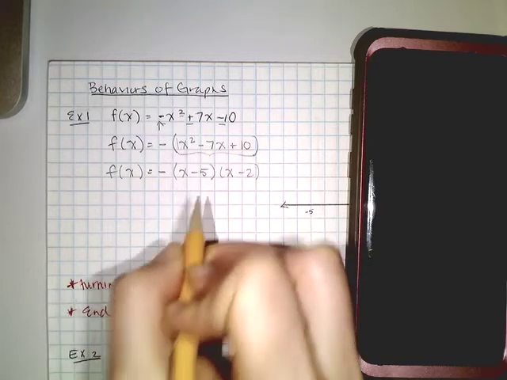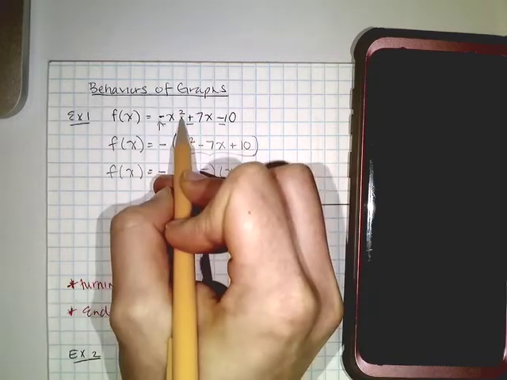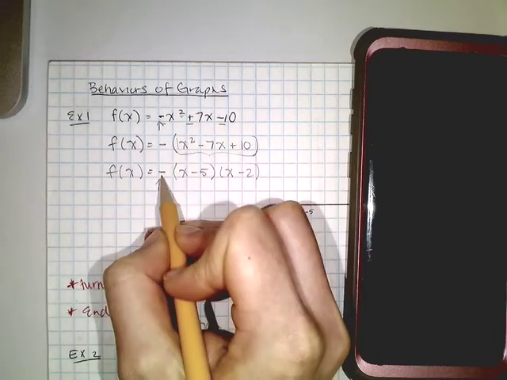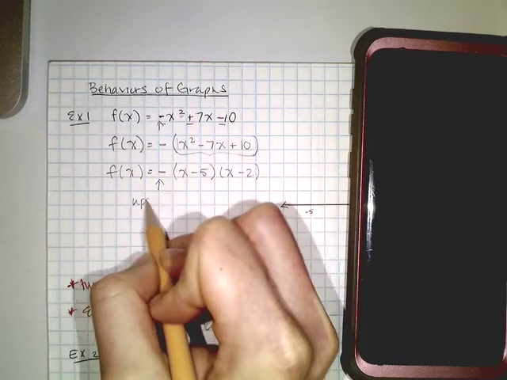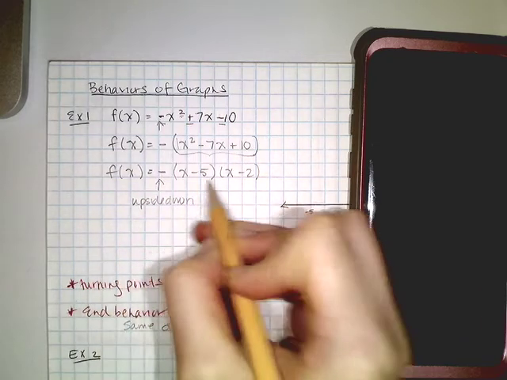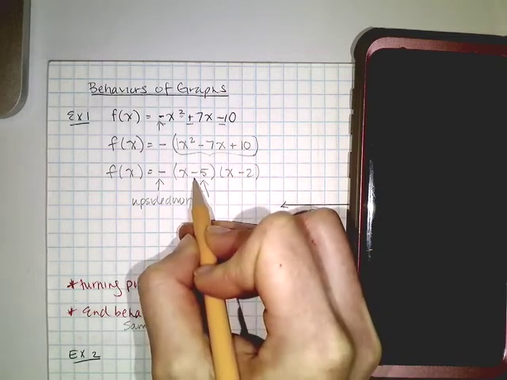Going straight from this factored form, I know, first of all, it's an even function, so the end behavior is in the same direction. This negative means it's upside down. And it has a root of the opposite of what's inside the factor.